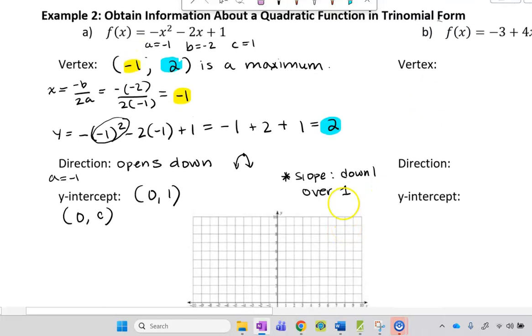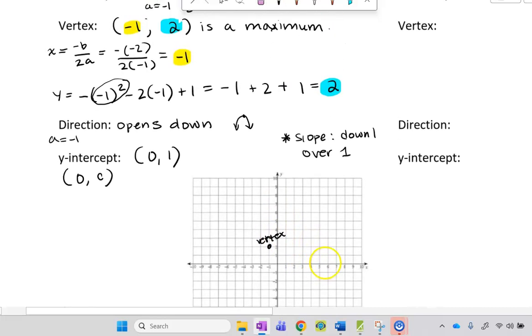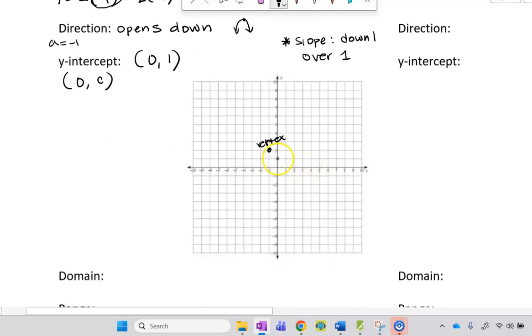All right, we can start plotting. Start with the vertex -1, 2, and label it vertex. Then we have our y-intercept, which is at 0, 1. Make our dashed line so that we know that it's the same on both sides of the dashed line. And in this scenario, I can actually just go to the other side of the dashed line because it's symmetrical and I have a y-intercept.